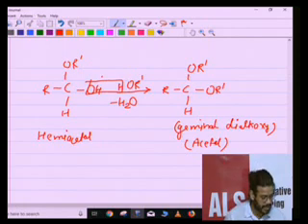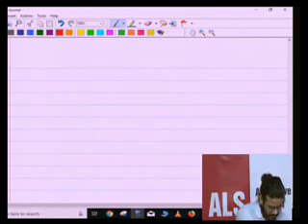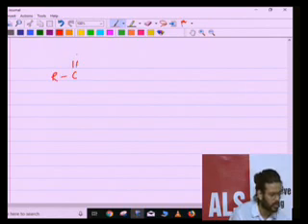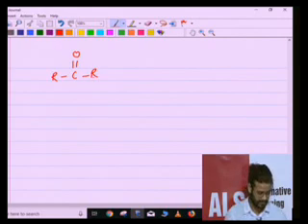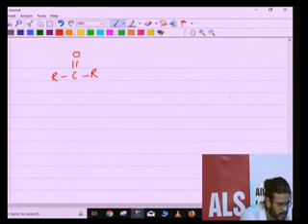So the next one is ketone. Alright, let's start with the ketone. So if I consider the general formula of the ketone, okay, not in this form, because it will be difficult to understand.